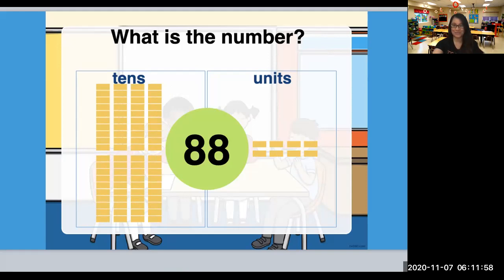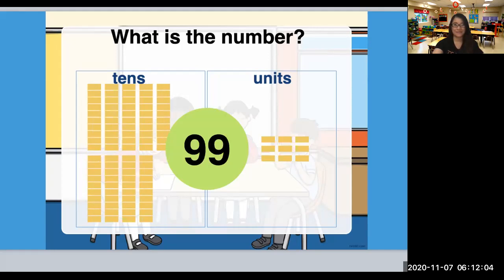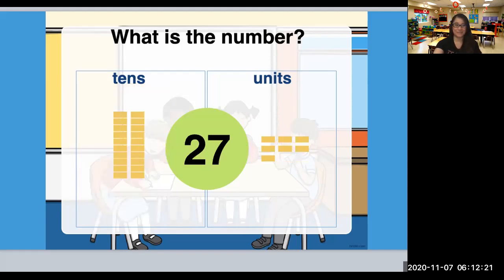When you put them together, we have the number 88. We have 9 groups of tens and 9 ones. We put them together, we have the number 99. We have 2 groups of tens and 7 ones. We put them together, we have the number 27.